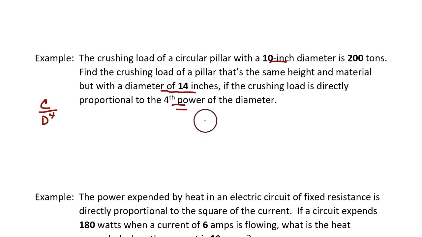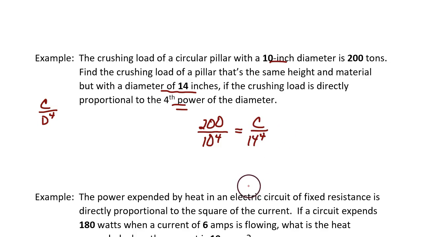From the first sentence, we know that a crushing load of 200 tons goes with a diameter of 10 inches. Then say equals and create another ratio. It asks us to find the crushing load if the diameter is 14.